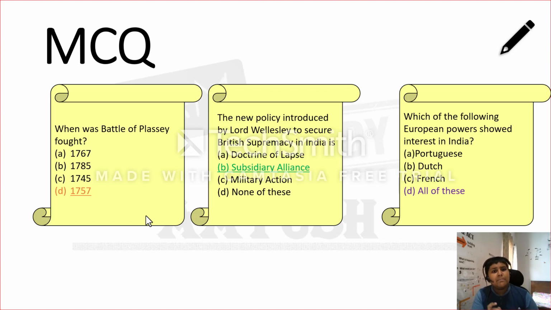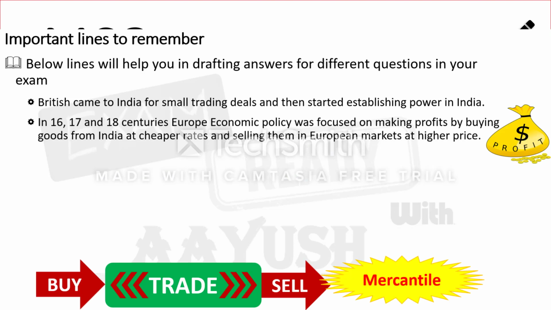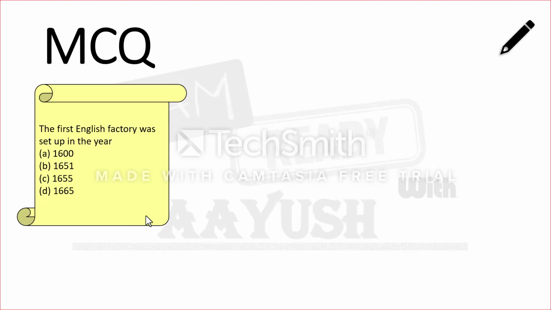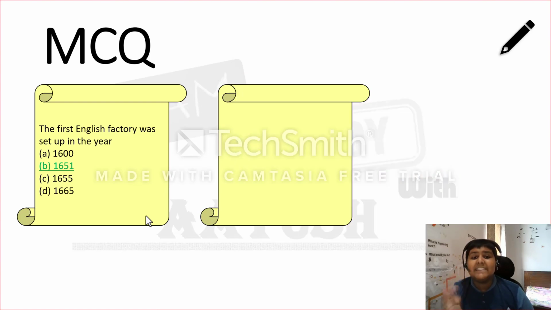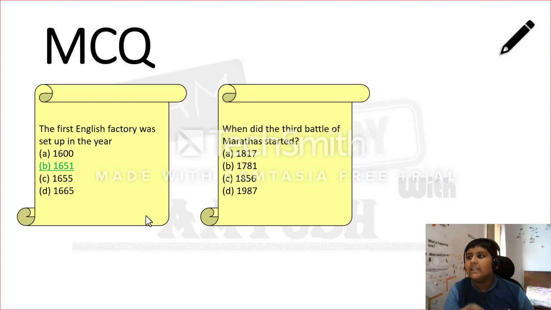In the last part, I told you what this is called. It is called mercantilism. Let's move on to the next question. The first English factory was set up in which year? It is 1651. When did the third Maratha war start?